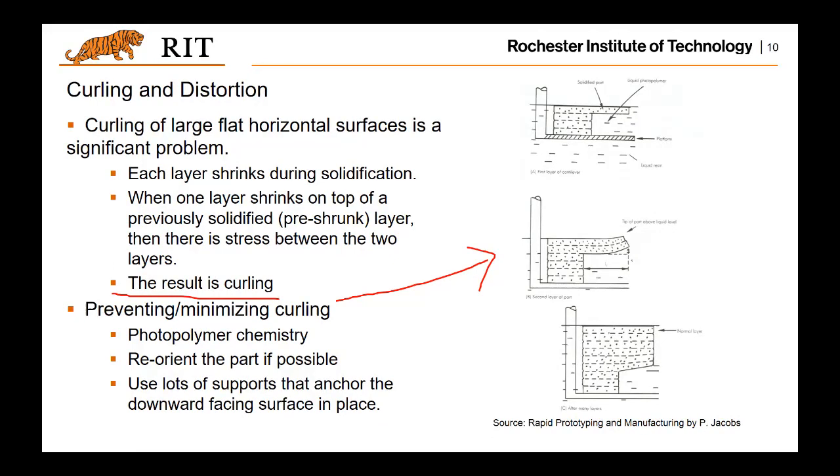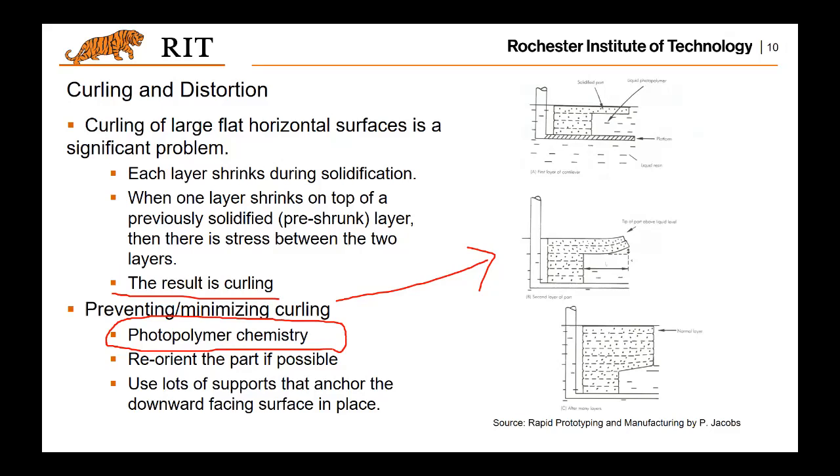So there are multiple ways to avoid such curling. For example, you can figure out a better material which has less shrinkage during the solidification process. Also, for the same model, you want to reorient the part such that the shrinkage does not happen in the critical regions, critical direction actually, right?